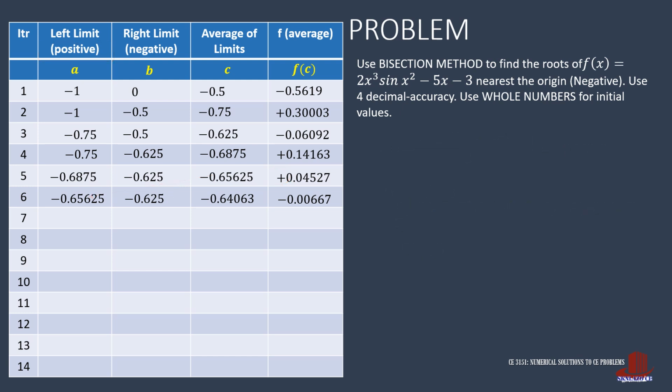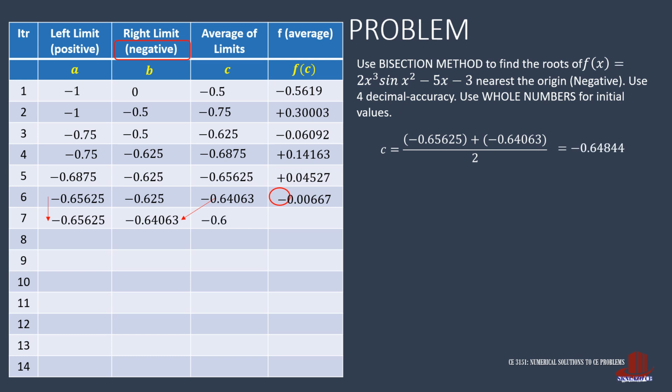For the next iteration, checking that f of c is negative, c replaces b, and a is still -0.65625. Their average is taken as half of -0.65625 and -0.64063, which makes -0.64844.